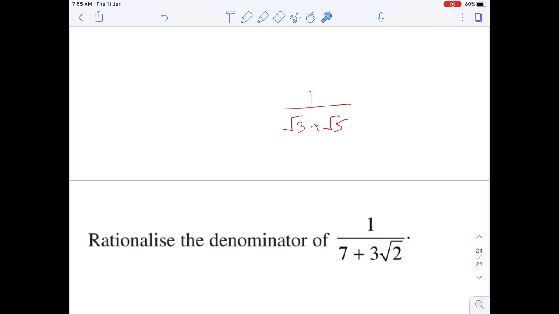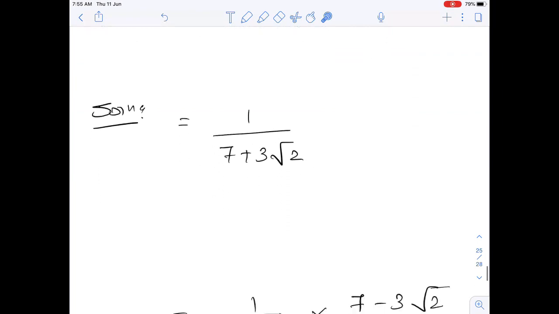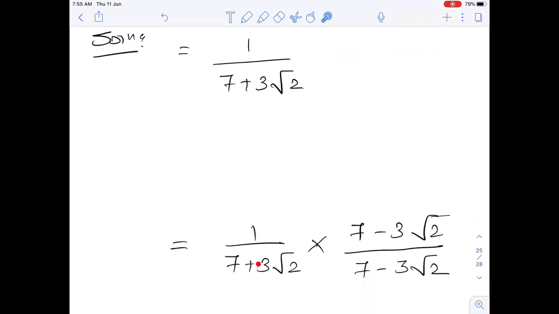Now by what number should we multiply? Come on, think over it. Yes, here it was plus 3 root 2, so we have multiplied by 7 minus 3 root 2 and again 7 minus 3 root 2. Now 7 minus 3 root 2 into 1 will be as it is, 7 minus 3 root 2.